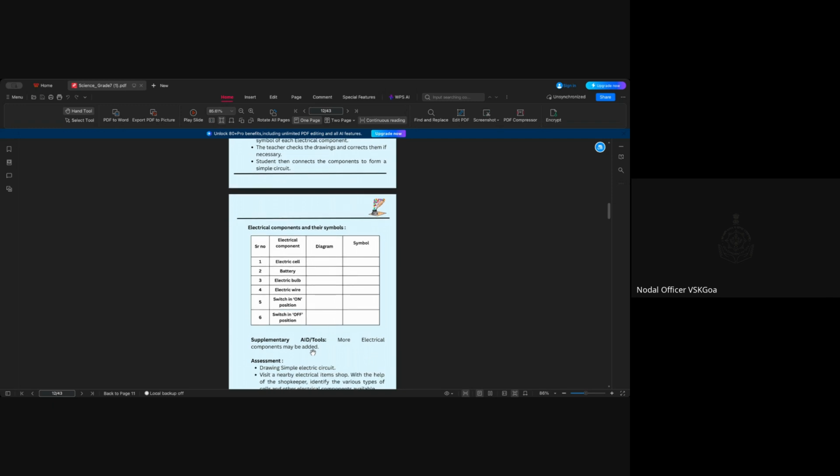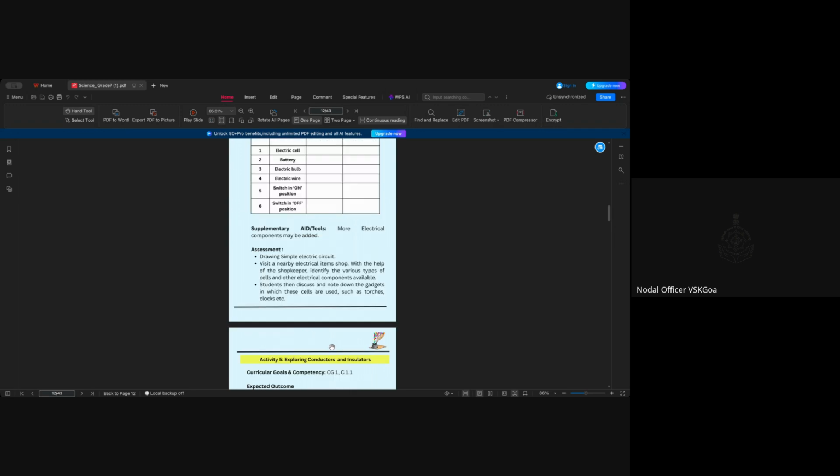Like this particular chart, they can prepare it in their book and try to figure it out in their own way. And your duty as a teacher will be facilitating them to come to the correct symbols, and at the same time developing a proper simple circuit. That is your part from your end.